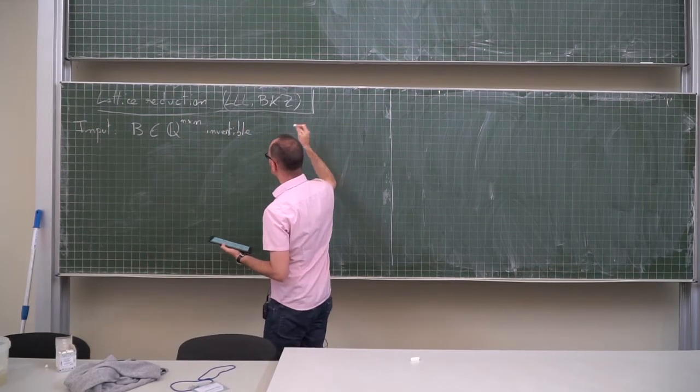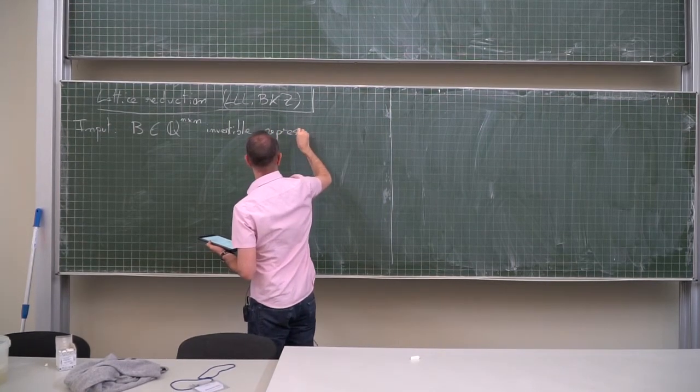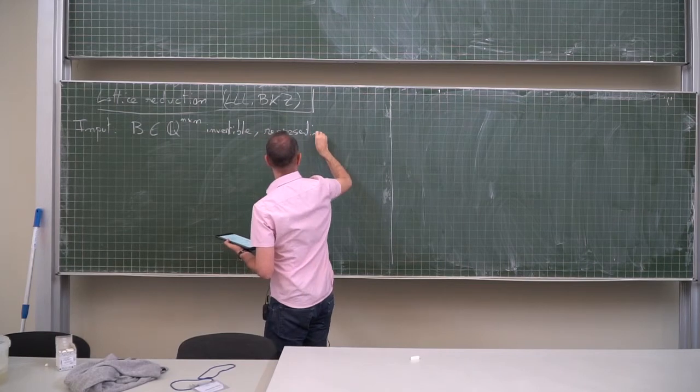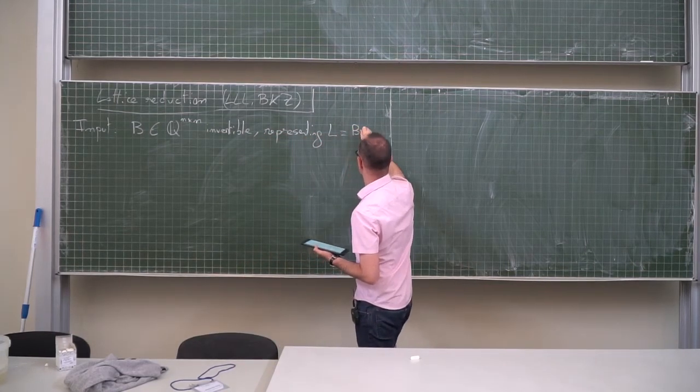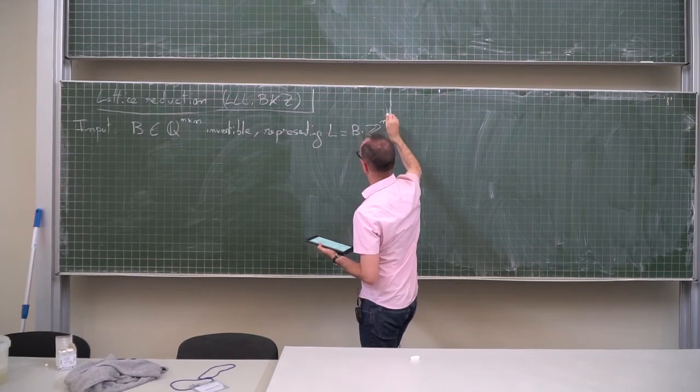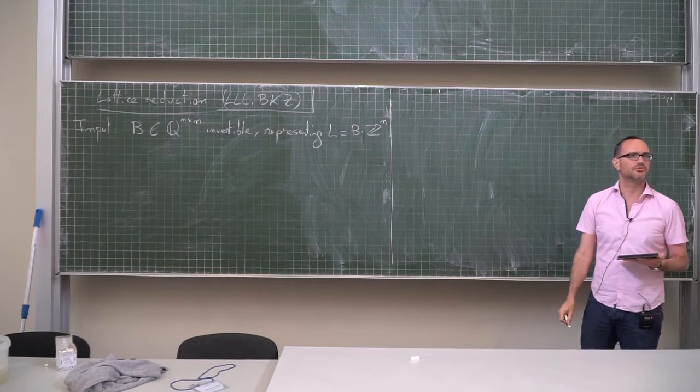And this represents a lattice L, which is B times Z^n. So I look at the lattice spanned by the columns of B.